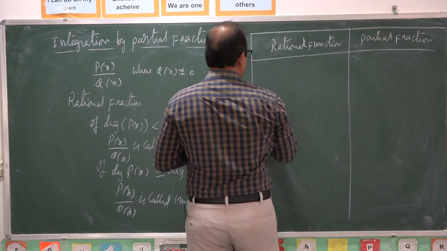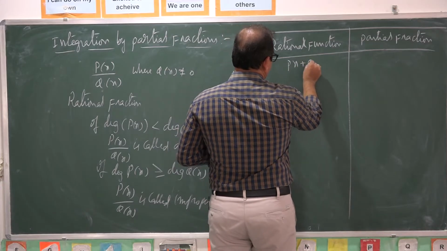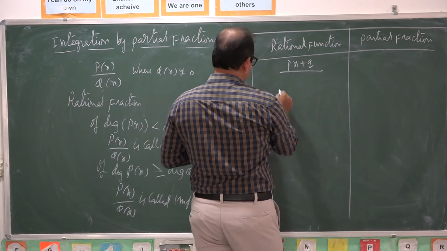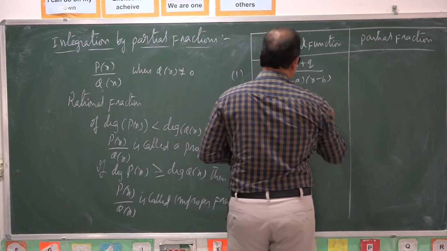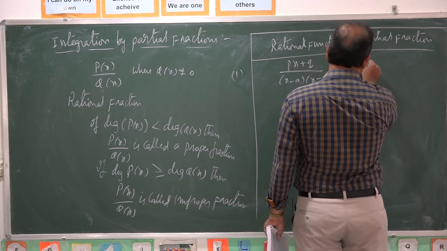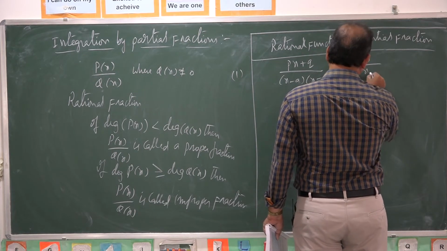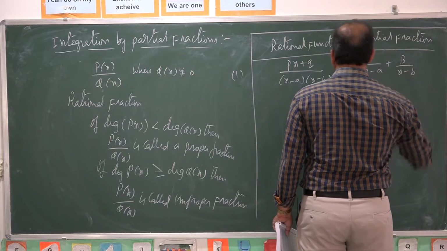First, if the rational function is in the form of px plus q by x minus a into x minus b, then the corresponding partial fractions are a by x minus a plus b by x minus b.